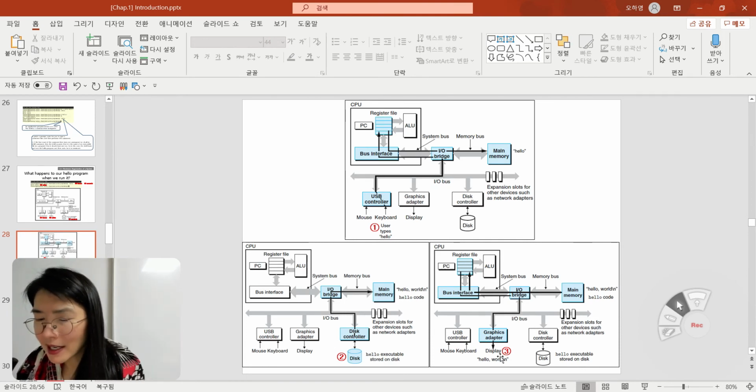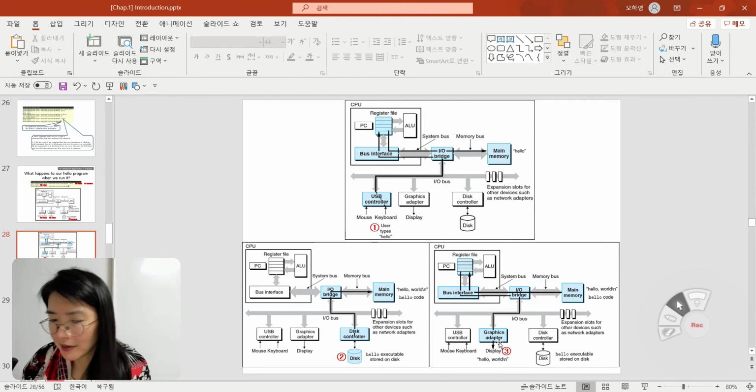And lastly, in step 3, the display is possible based on the CPU, bus interface, I/O bridge, as well as main memory, on top of the graphics adapter, all right? So the monitor can display the proper result, okay?